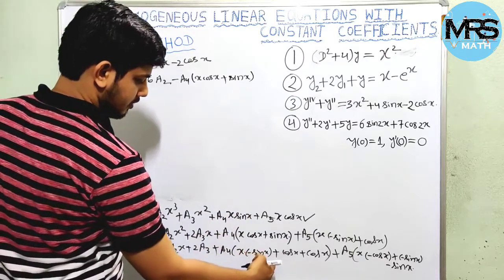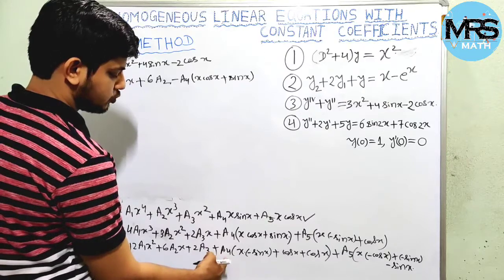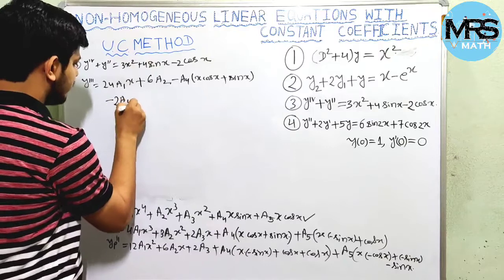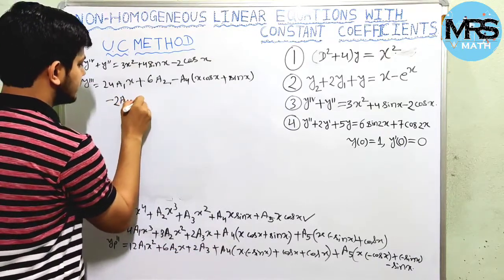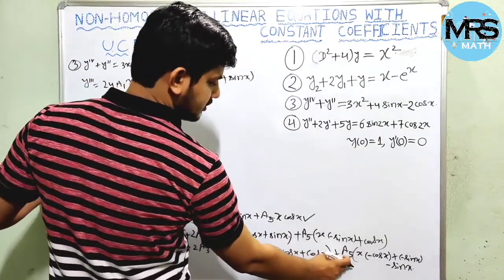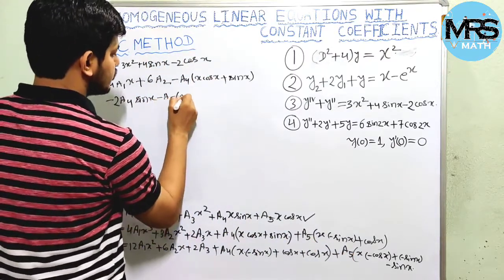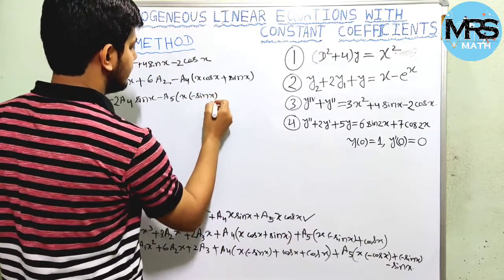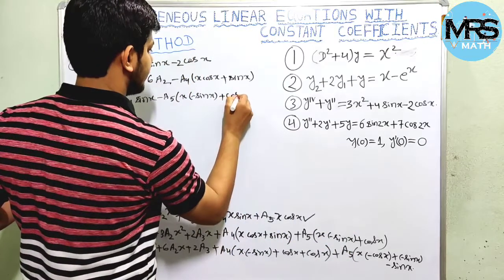So again here this is 2 cos x, so that is 2a4, so you can write minus 2a4 cos x derivative is minus sin x, so this one I have taken minus, this is sin x, and this one is over, then come to this one, that is minus a5, so x cos x derivative is minus sin x, plus that will be cos x.